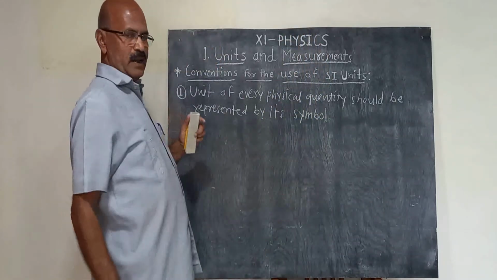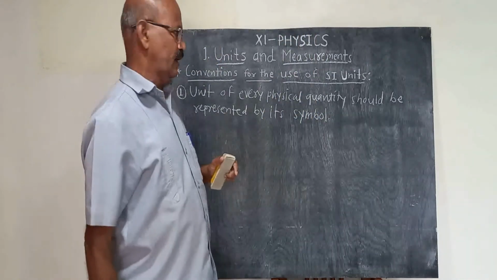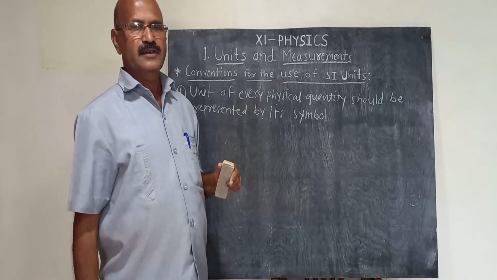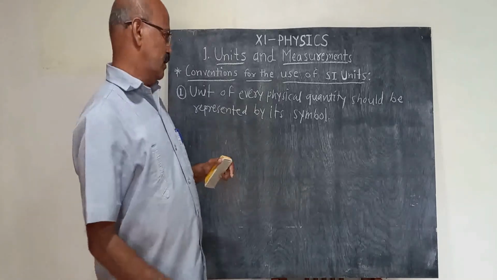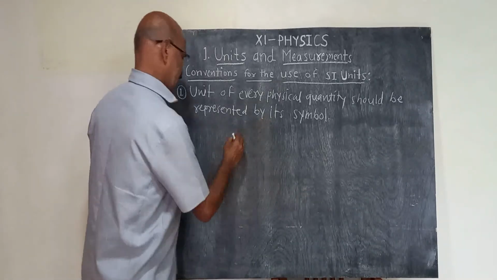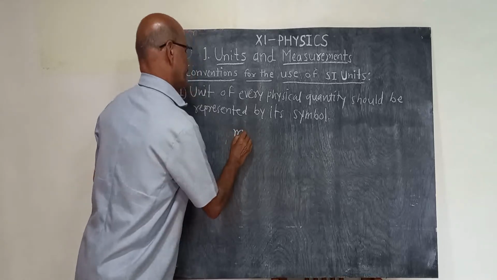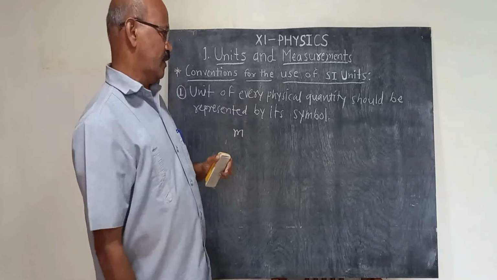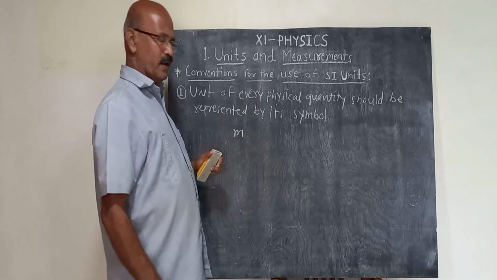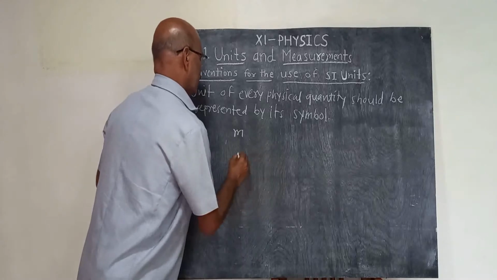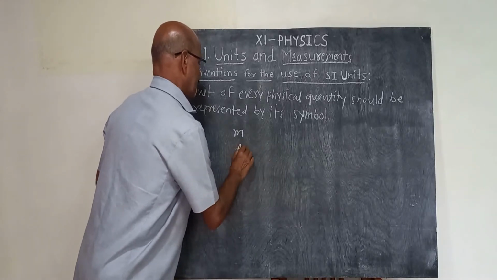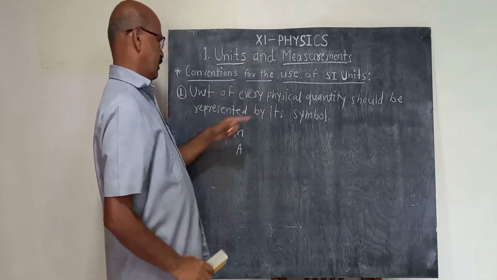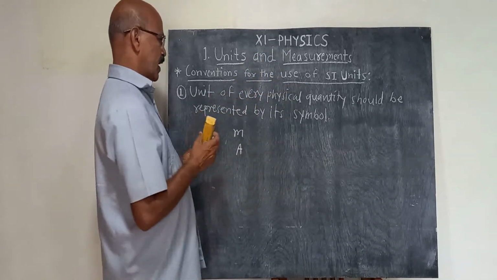We have seen the fundamental quantities and derived quantities. For example, length: its SI unit is meter, so it is represented by small m. Also electric current: its SI unit is ampere and it is represented by the symbol capital A. So the unit of every physical quantity should be represented by its symbol.